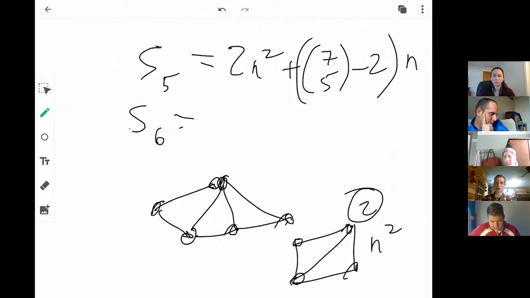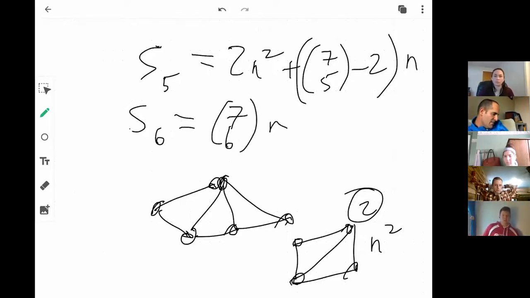All vertices will be reached because there's always at least 2 edges going into every vertex. 7 choose 6 times n. Okay, and then S7. What is that? 7 choose 7 times n.